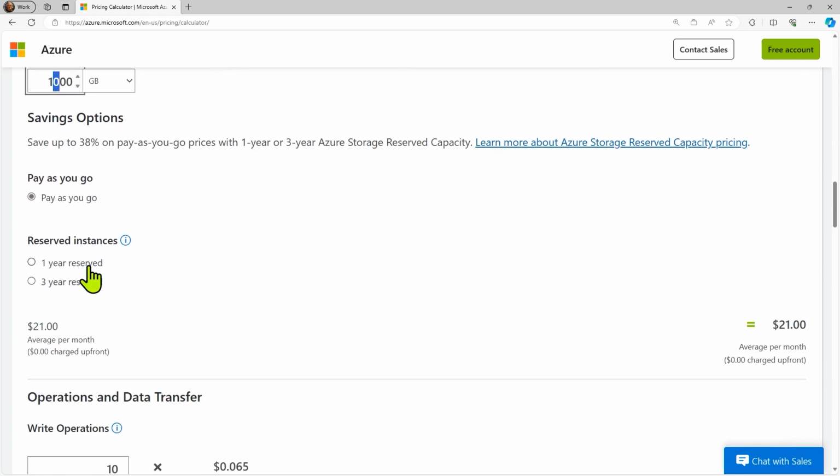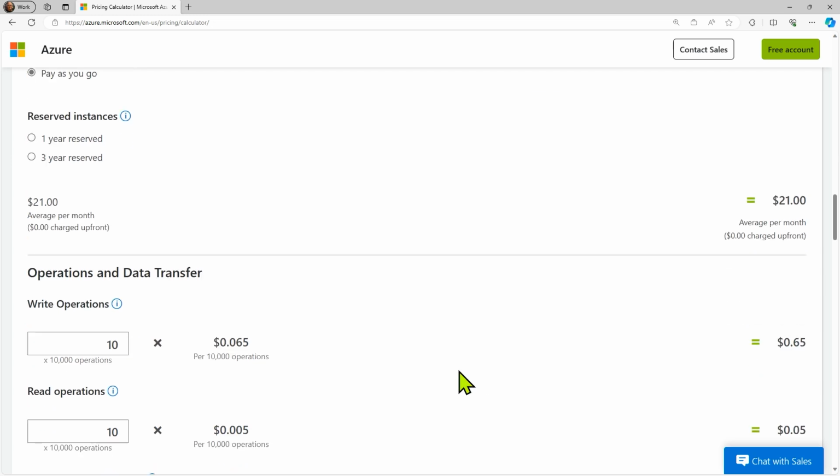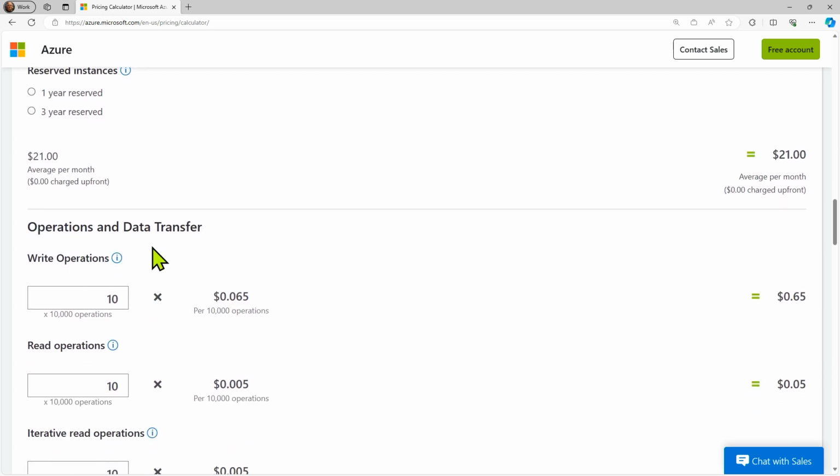But there are some significant cost savings depending on who you are, if you've got a reservation, or if you've got a close relationship with Microsoft as what's called an enterprise agreement customer. There are all sorts of different discount levels. But just the raw storage of 1 terabyte in this configuration is $21. But then you take a look at the operational access.